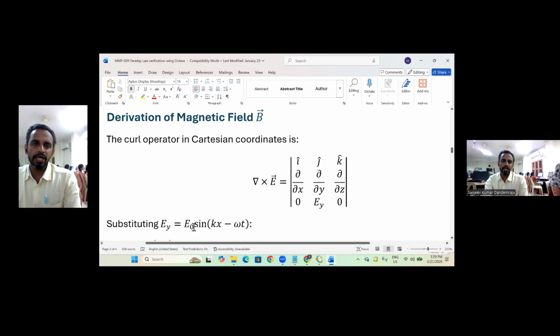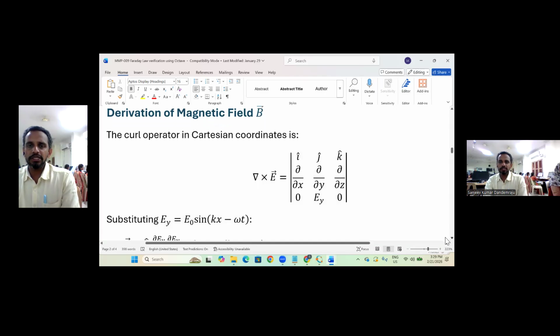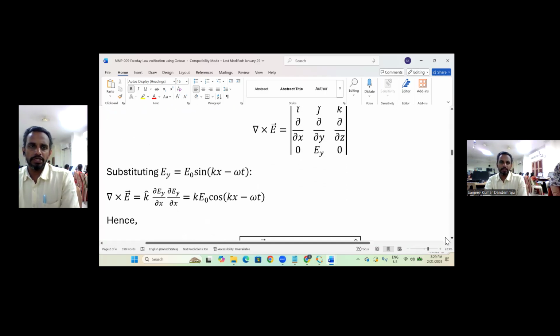So here E has only y component, E naught sine kx minus omega t, Ey, right? So if you calculate del cross E, you'll be left with only z component, and you get the cosine term.